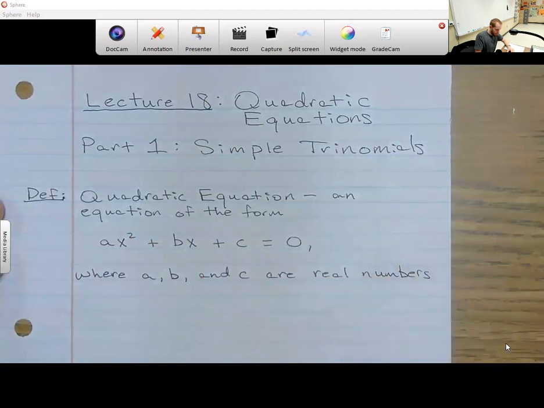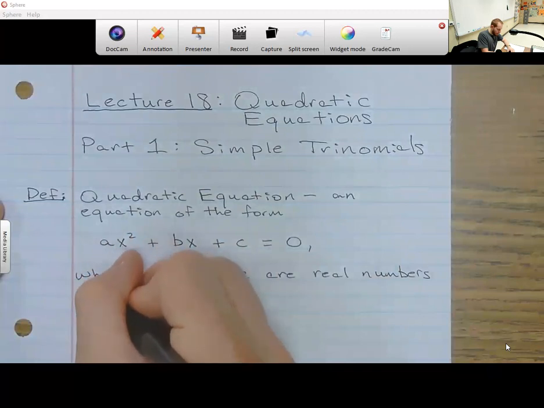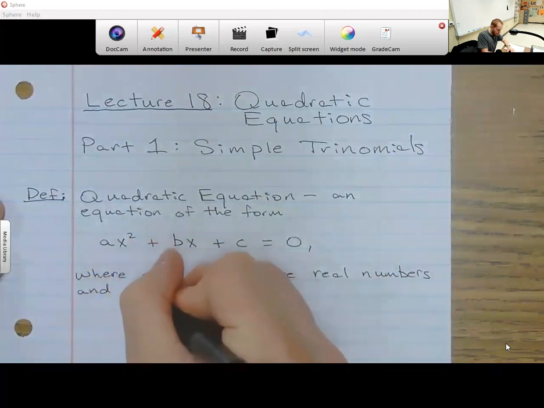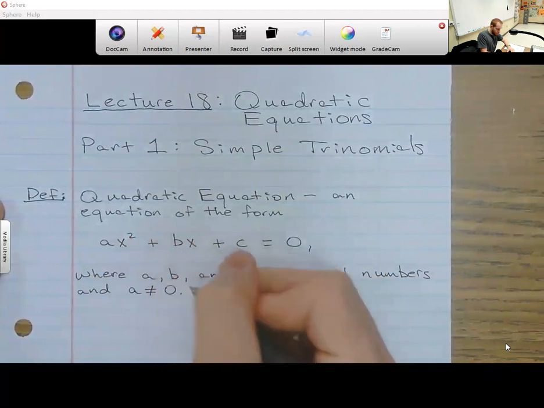So a, b, and c are real numbers, and a is not equal to 0.